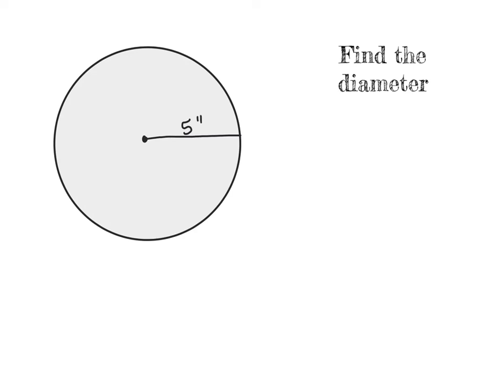My next question here is asking you to find the diameter. So let's look at our circle here. We notice that we have a line segment that's from the center to the edge of our circle. So based off of my drawing right here, I know that my radius is equal to 5 inches. However, it wants me to find the diameter.